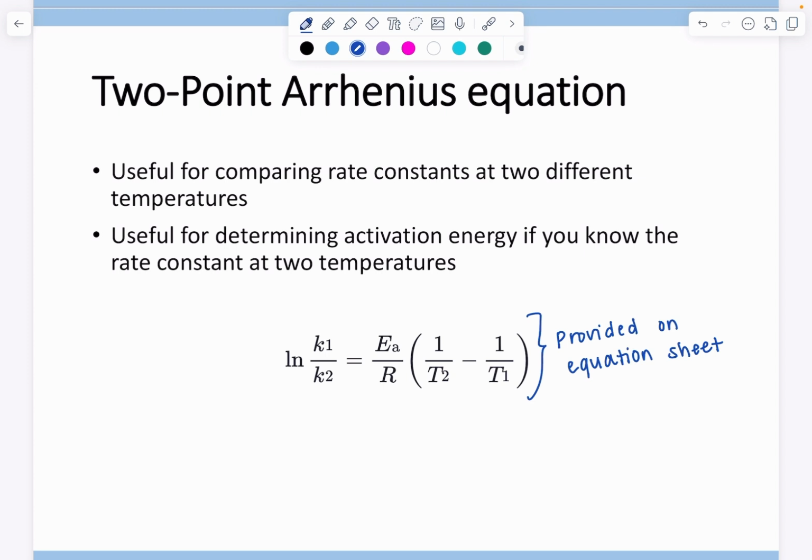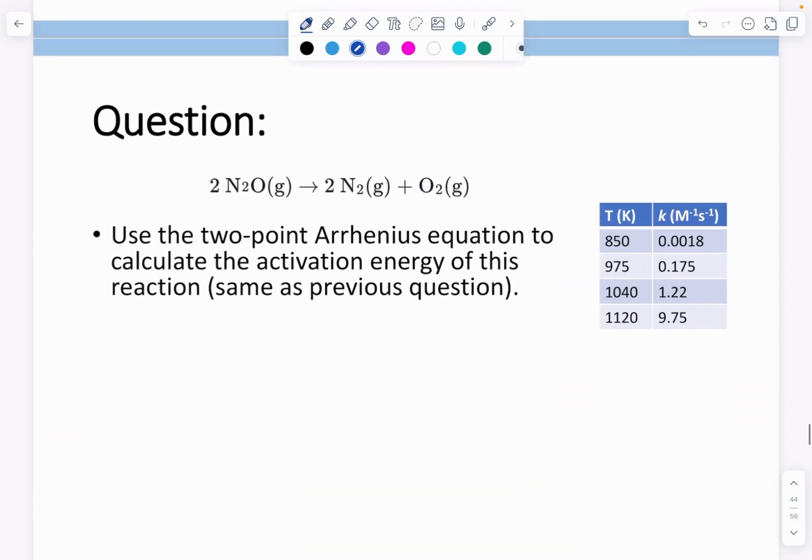So again, if you're given information about a reaction where you have rate constants at different temperatures, or you have activation energy and you're missing a rate constant or a temperature, we're able to use this to calculate what is needed. So let's do one of those questions.